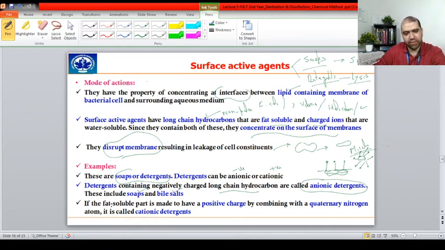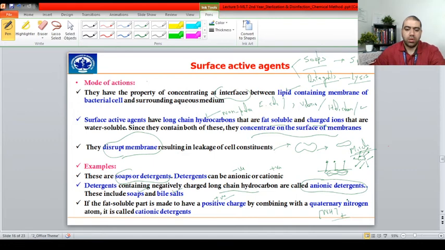If the fat soluble part is made up of a positively charged group, it can be done by combining with a quaternary nitrogen. As I told you, nitrogen has an ability to form coordination bonds. There are different bonds: covalent bonds, non-covalent bonds, and coordination bonds.